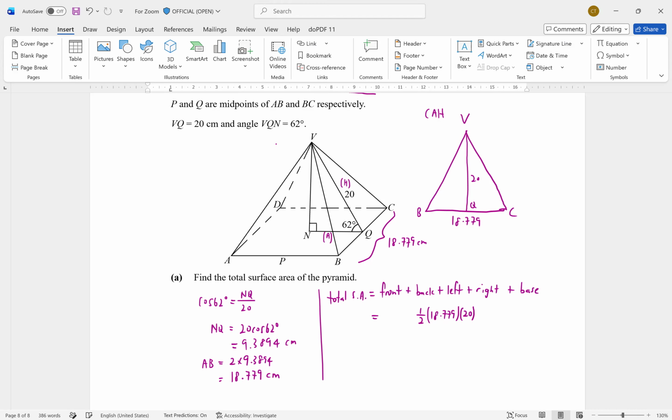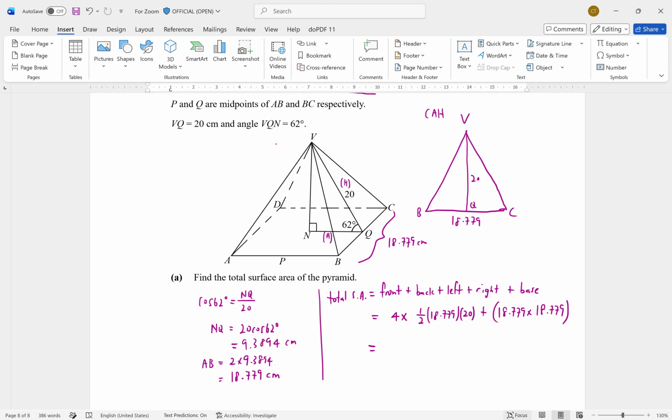There are 4 of these, so we have times 4, then plus the base, which is 18.779 squared. It's a square, so all we need to do is calculate this out and we'll get our answer.